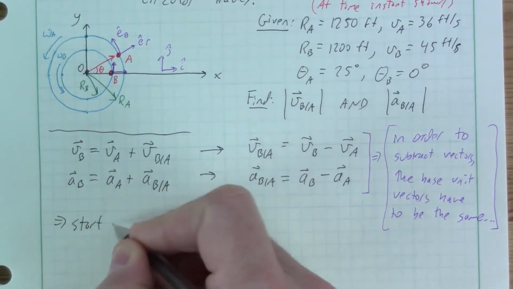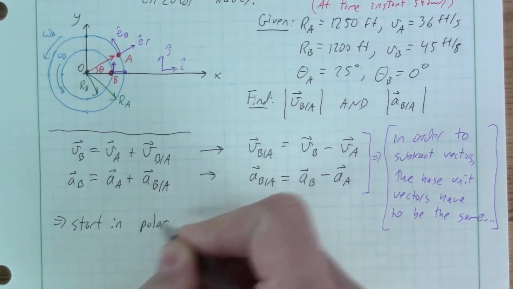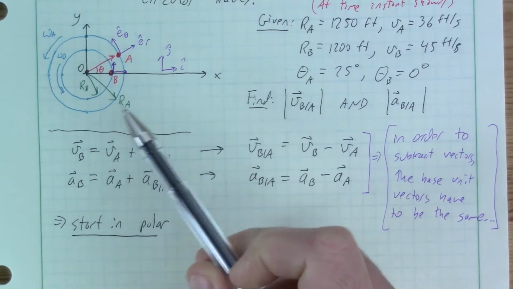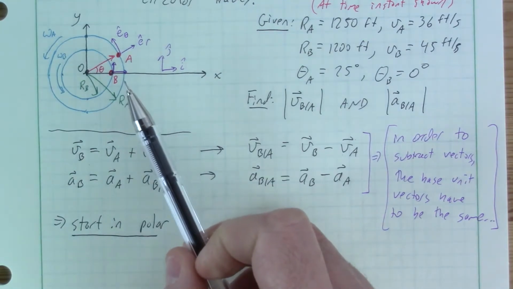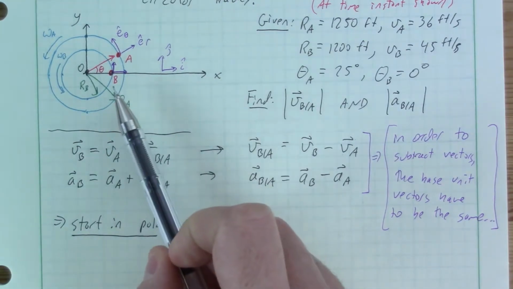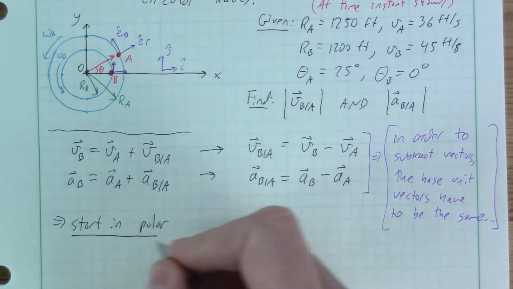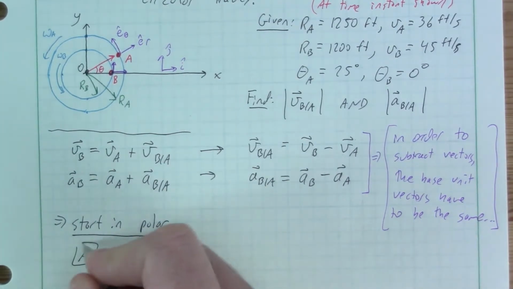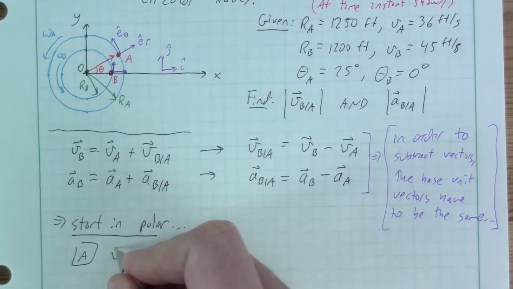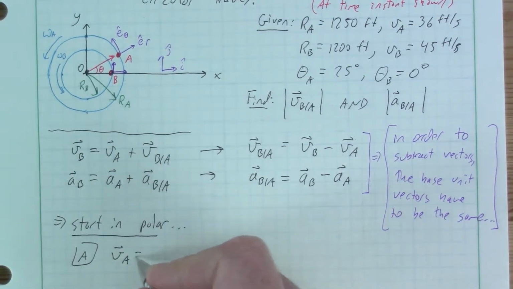So we're going to start in polar, which is also the natural coordinates here. And isn't it great, actually, when we get to B, all three coordinate systems are the exact same. Cartesian, polar, and natural are all the same. A is not the case, but polar and natural are the same here, right?